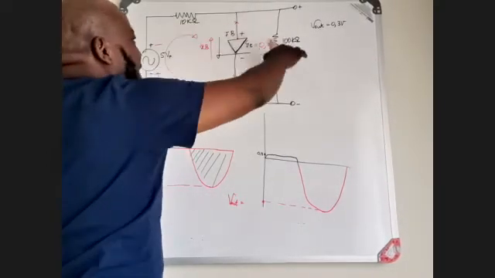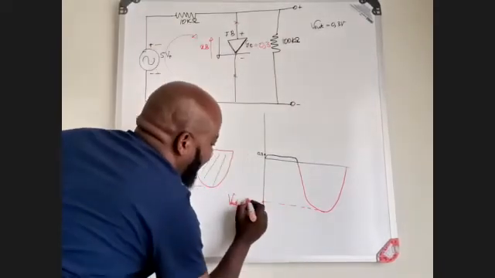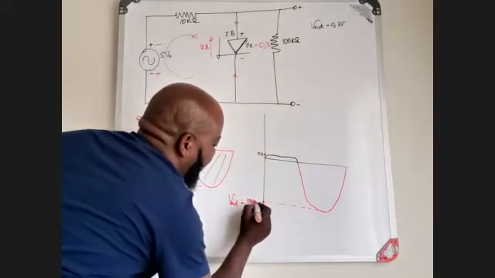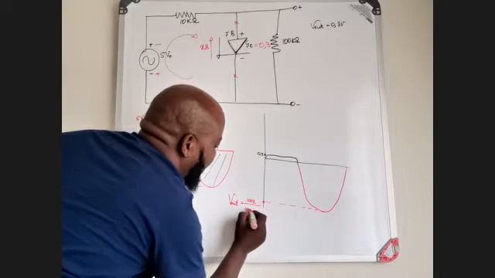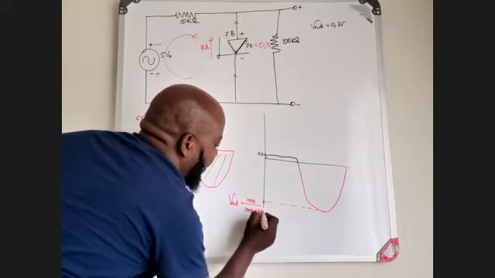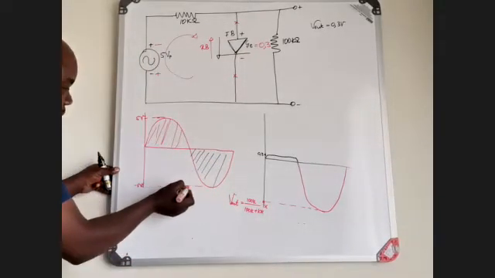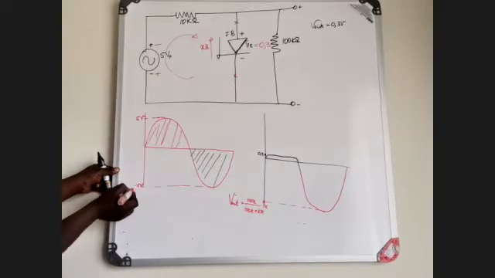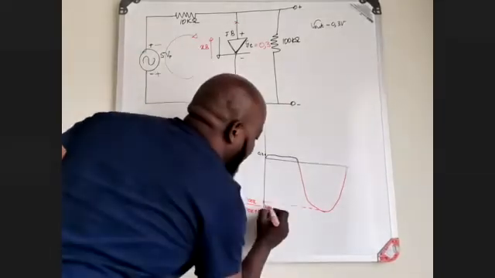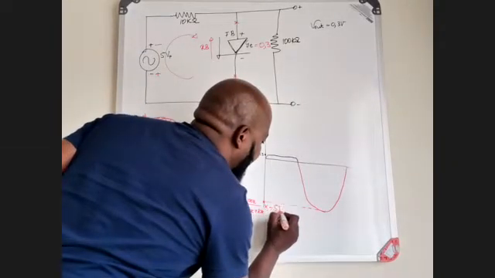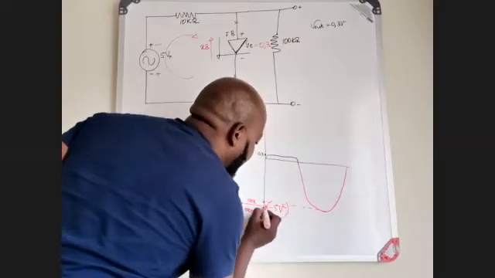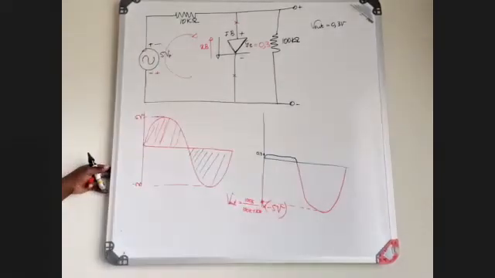So I will have 100K divided by 100K plus 10K, multiplied by the maximum amplitude here. The maximum amplitude there is 5 volts, which means minus 5 volts. Then I get the magnitude there.